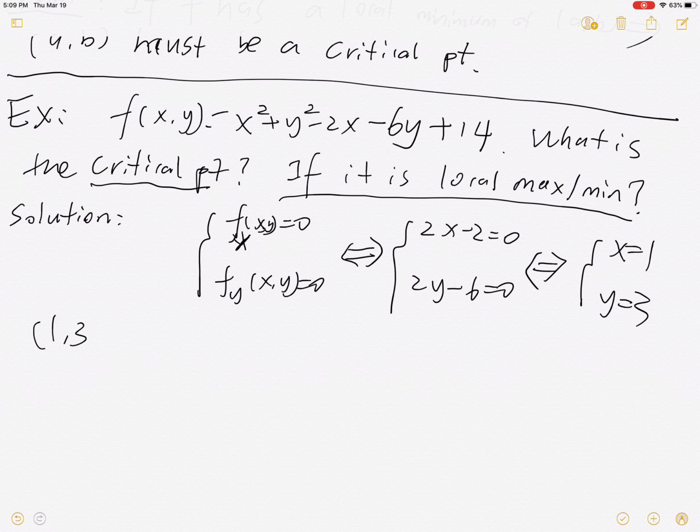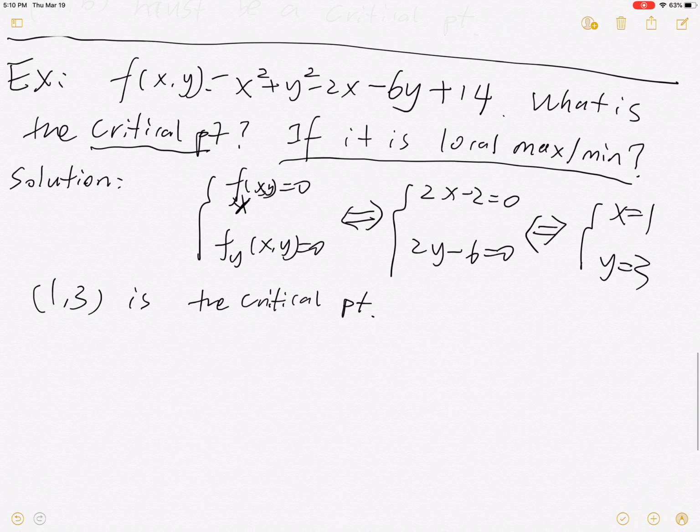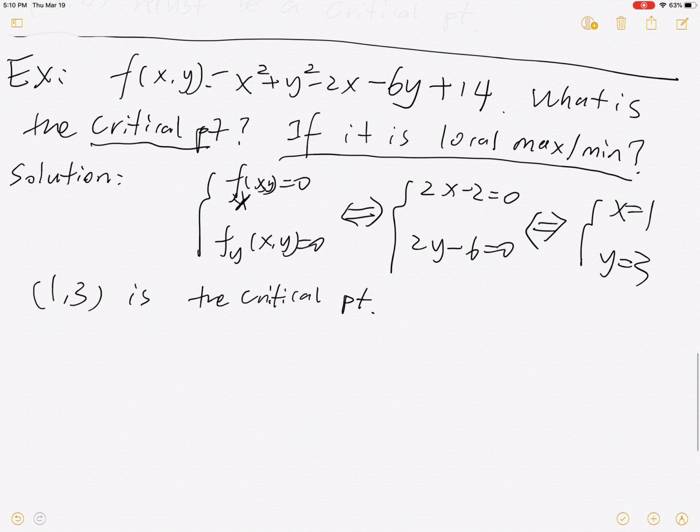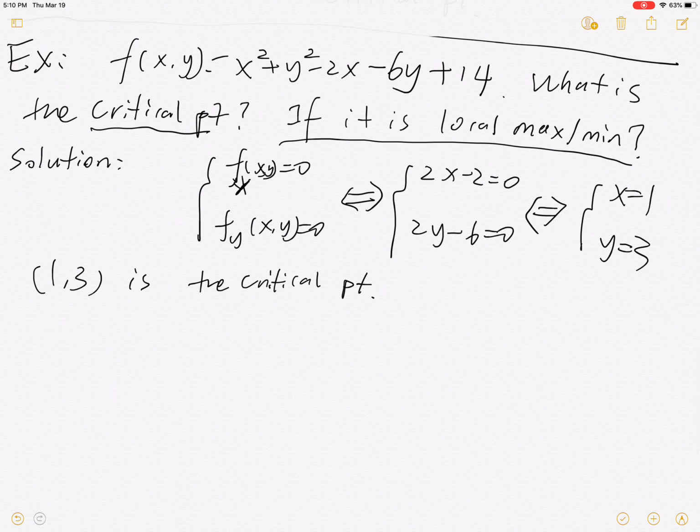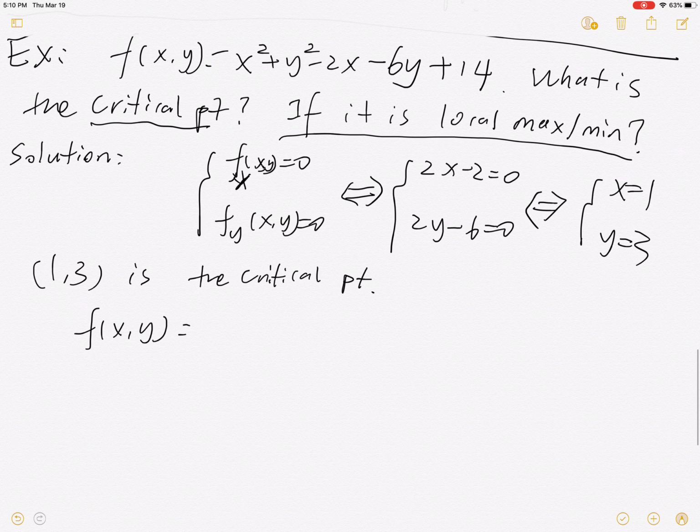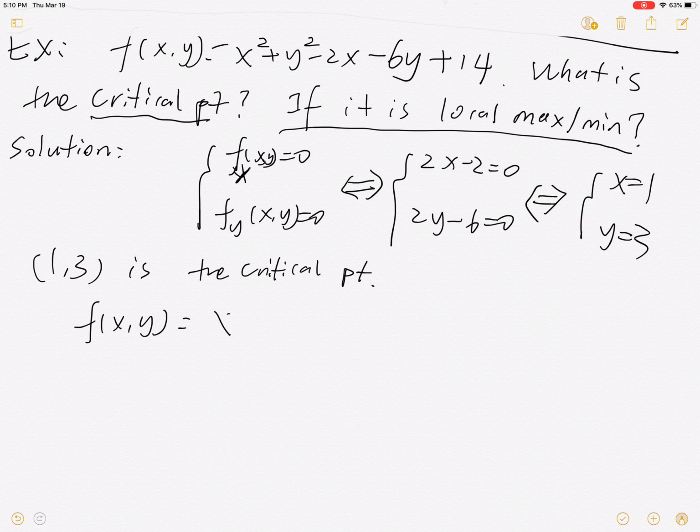The point (1, 3) is the critical point. Okay, next we need to consider if this is local maximum or minimum. So we will introduce some convenient method to do this in practice, but here we just do it by brute force.